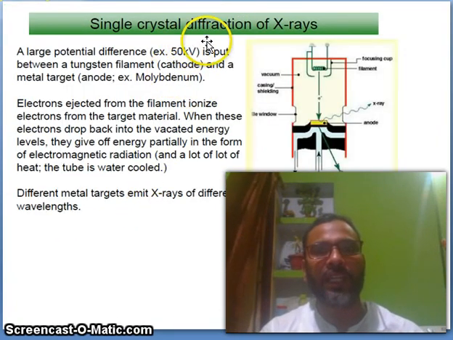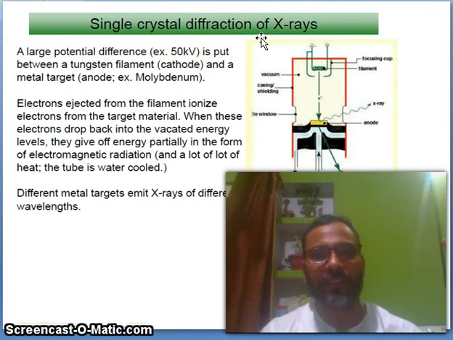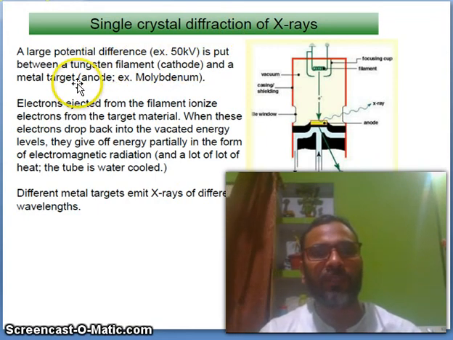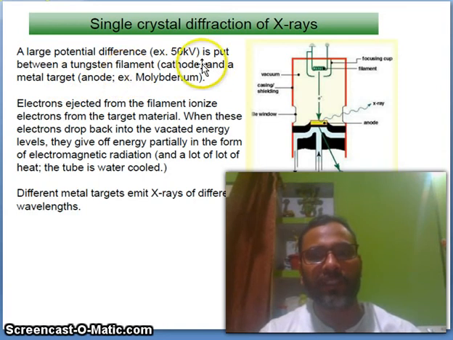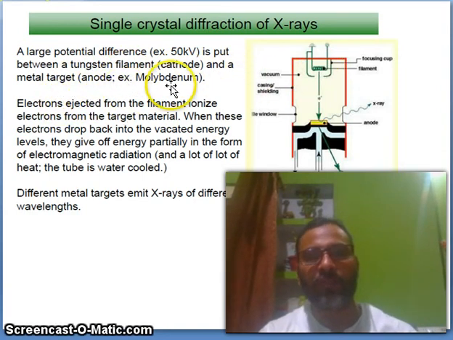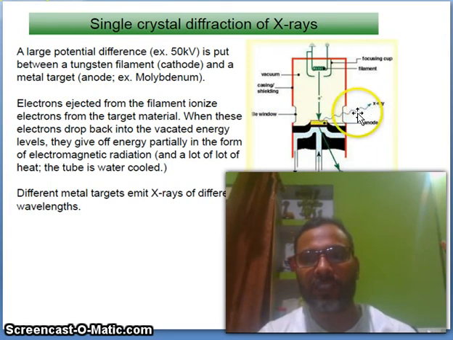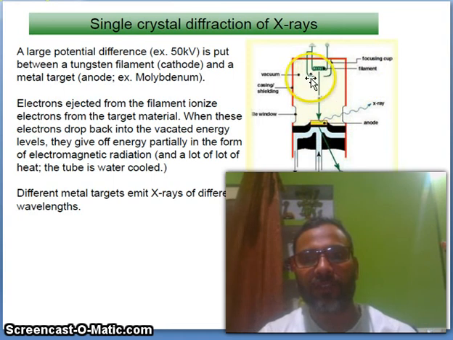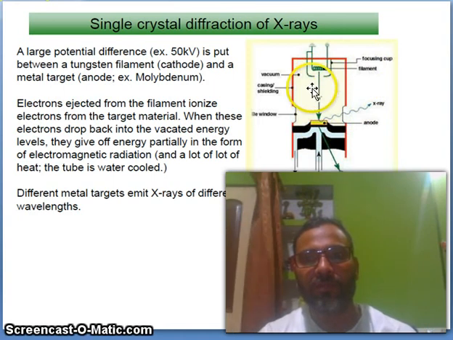So, single crystal diffraction of X-rays. A large potential energy, 50 kilovolt, is put between the tungsten filament and a metal target, the anode, molybdenum. This is where the X-ray is coming. This is the filament focusing. This is vacuum.